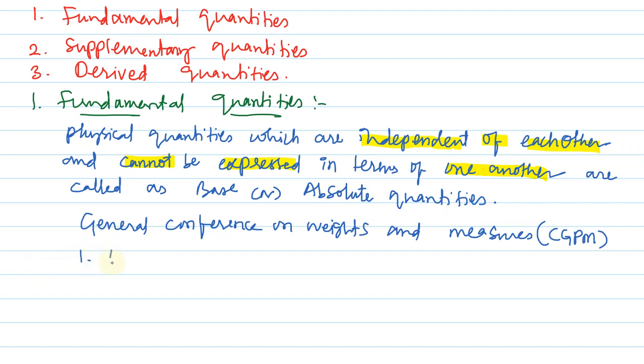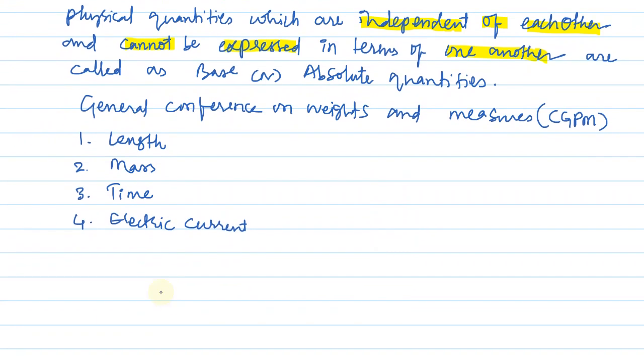First one is length, second is mass, third is time, fourth is electric current, and fifth is temperature, also called thermodynamic temperature.